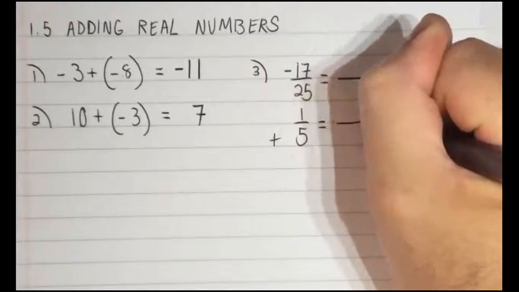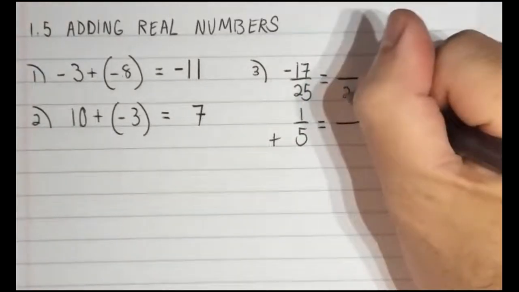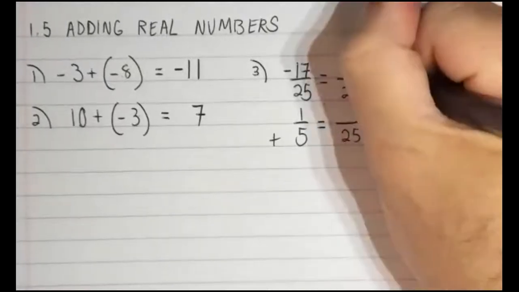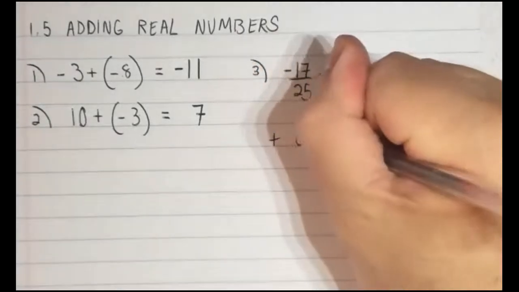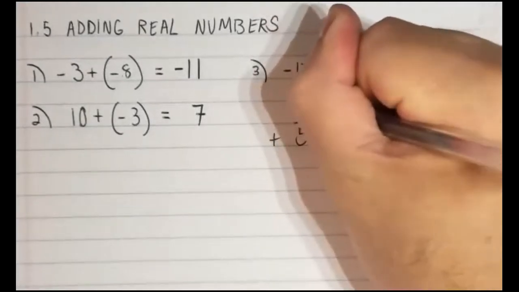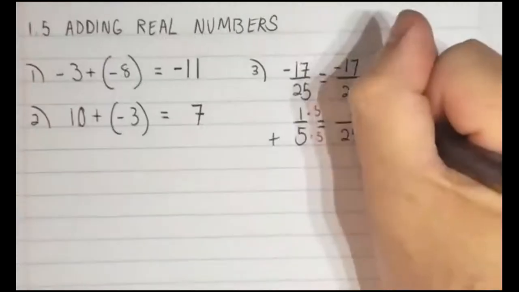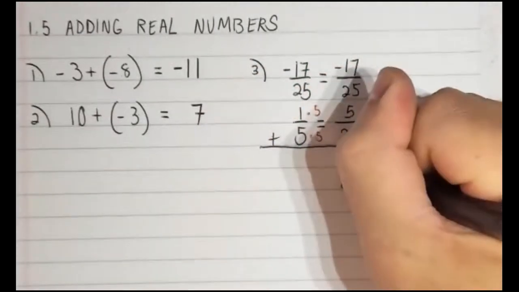We need to come up with our common denominator, and we'll notice that it'll be 25. I'm not going to have to do anything for this top one, so this is just going to be negative 17 over 25. Bottom one, I'm going to have to multiply 5 to the top and the bottom to get to that 25. All right, we keep 25 there.